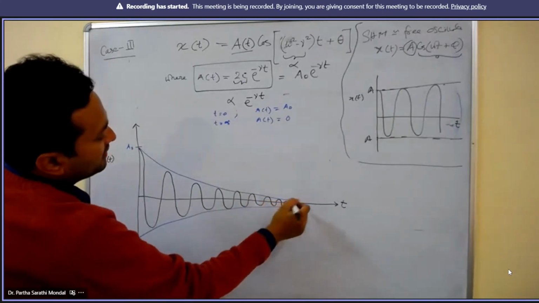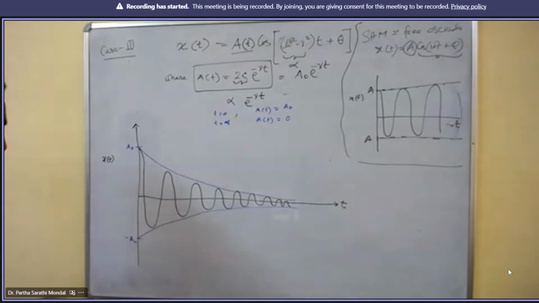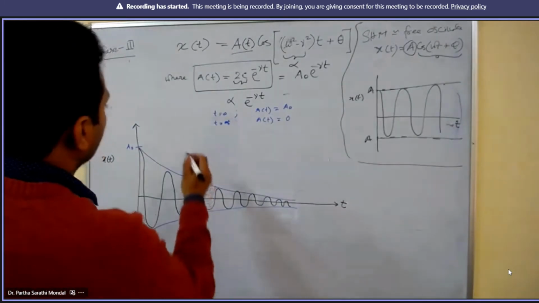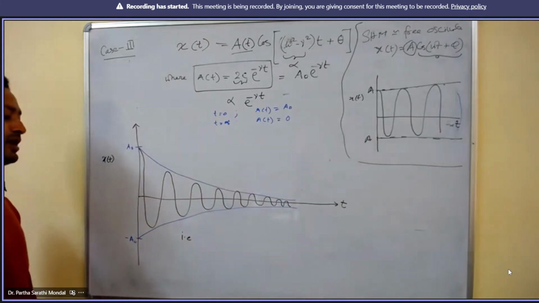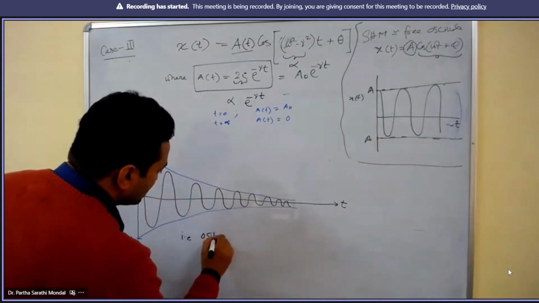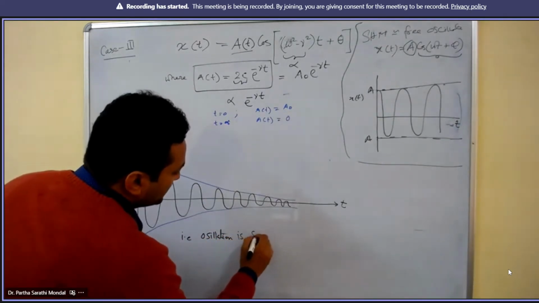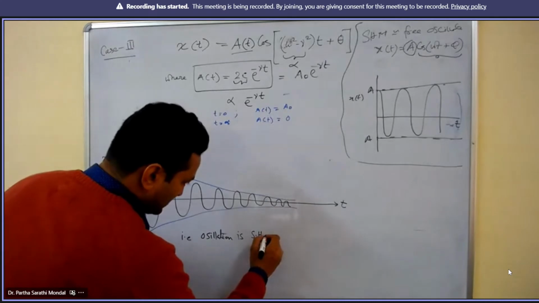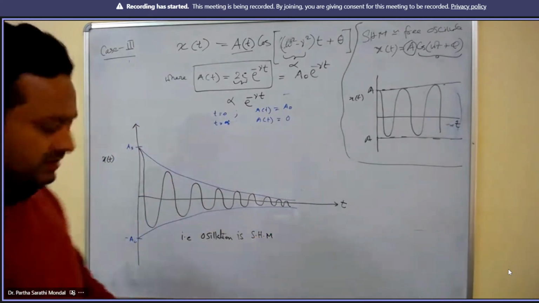So if you go to infinite time, then the oscillation will die out. That means it is a simple harmonic oscillation. That means in the overdamped condition, the oscillation is a simple harmonic oscillation, SHM, and free oscillation.